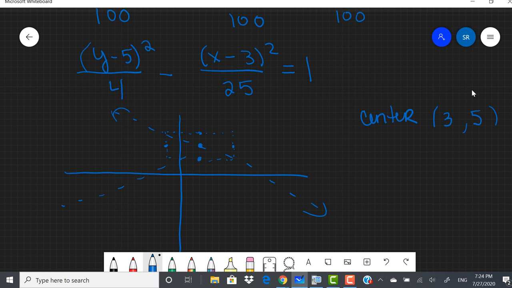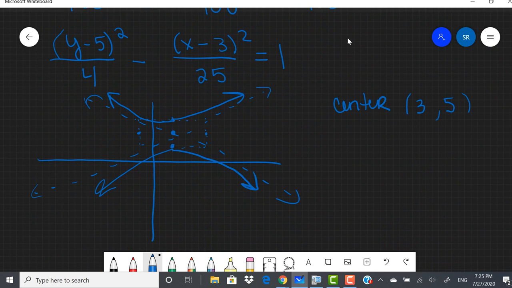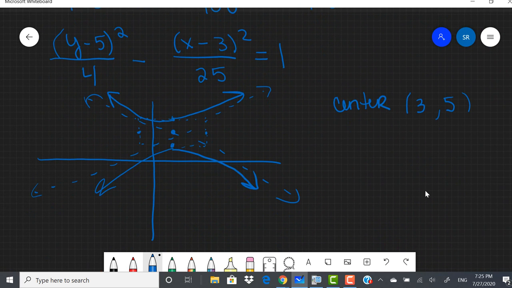You just have to move your dots around here. And then because it's a y, it'll go up and down. And voila, there you go. There is the graph of this big long equation up at the top. So this is what it looks like.